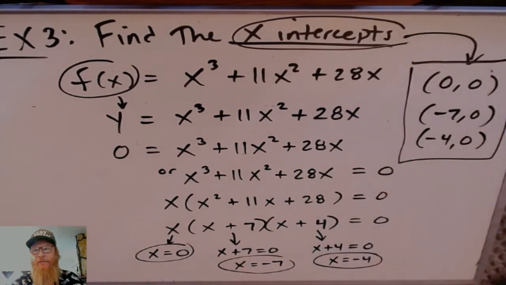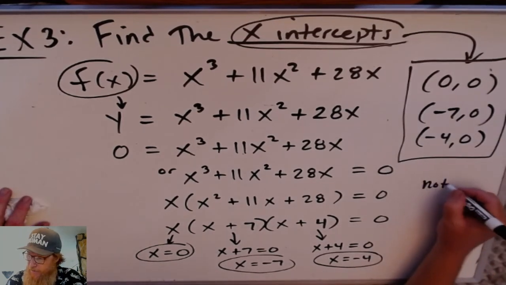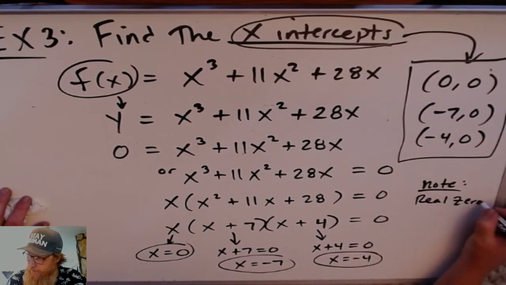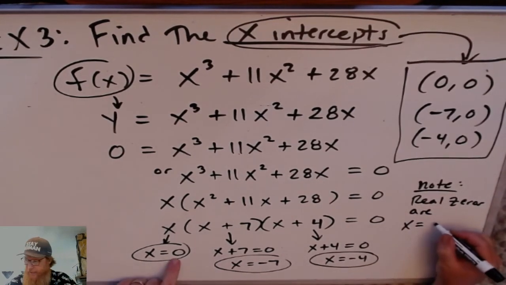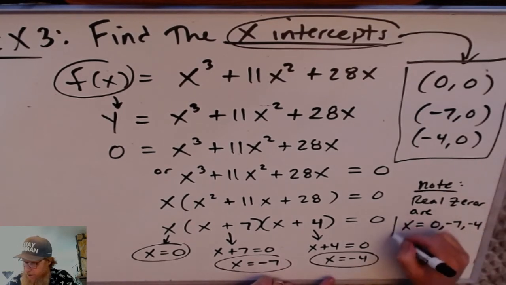Those are your x-intercepts. Okay. And maybe I'll make a note. The real zeros are, and you just list them out, 0, -7, and -4.